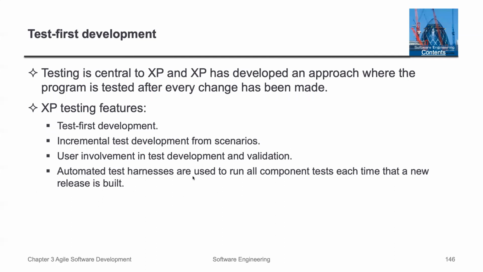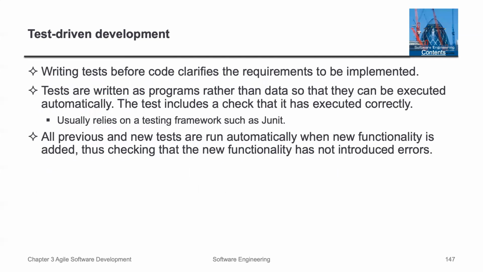User involvement in test development and validation, that's an important thing. And using automated test harnesses to run all component tests each time that a new release is built. So you have a standard set of tests that you run to make sure that things are working before you release the next version.